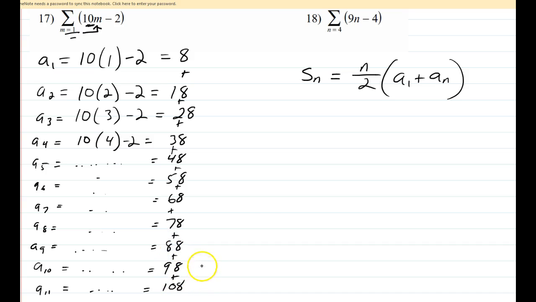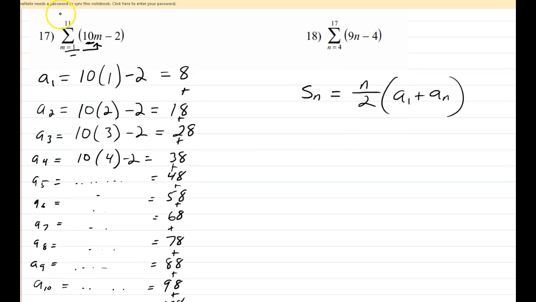This is a lot of work, so we have a shortcut formula. So we need to know how many terms we have. And so I told you guys that to find out the terms, I take my last term, which is my top, which you can't see. So this is my last term. This down here is my first term.